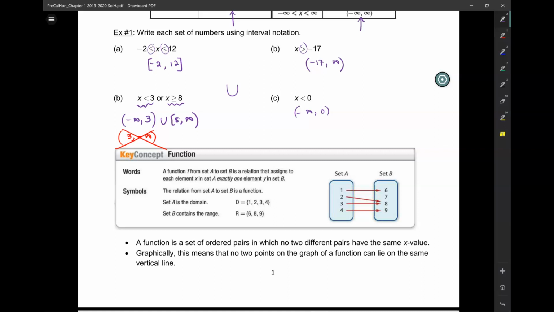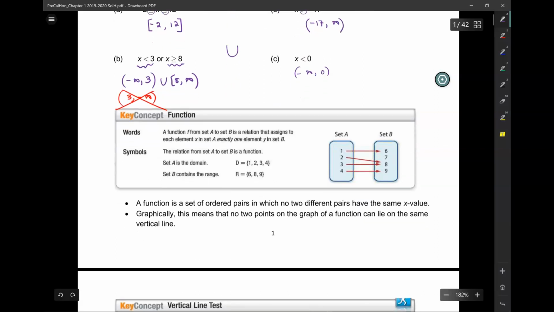All right. What is a function? A function is a set of ordered pairs in which no two different pairs have the same x value. So for example, if I look at it on the coordinate plane, I can't have the same x value belong to two different ordered pairs.